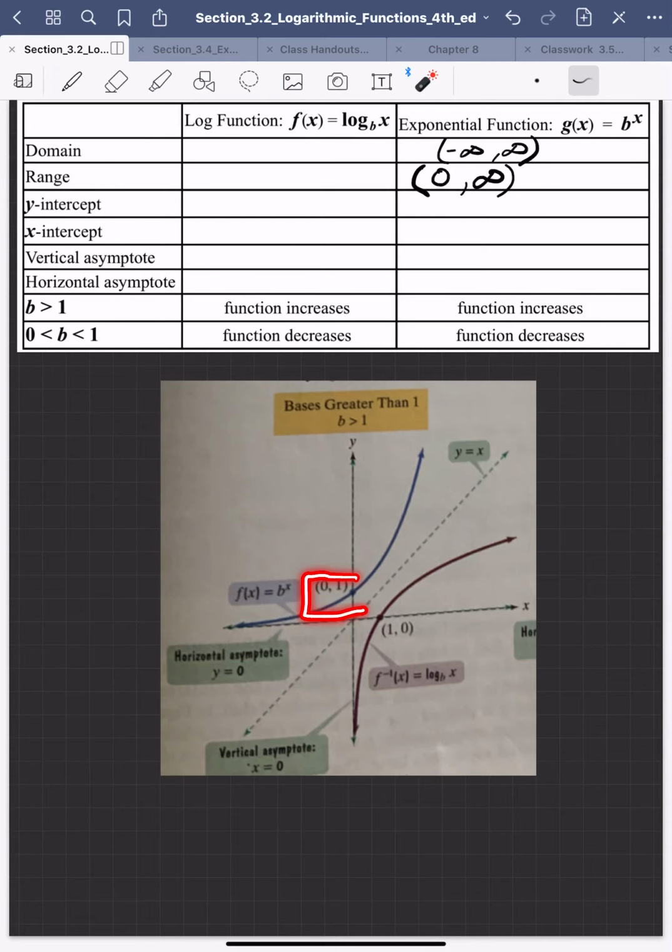The x-intercept, well, if this never ever crosses the x-axis, like a pilot that gets close to the runway but never lands the plane, if this never crosses the x-axis, then there is no x-intercept. Agreed? So b to the x is never going to have an x-intercept.